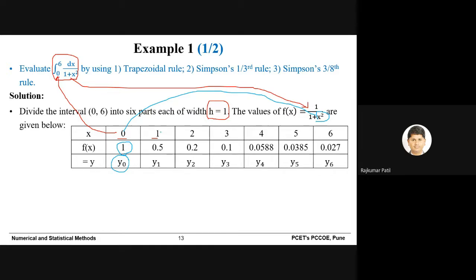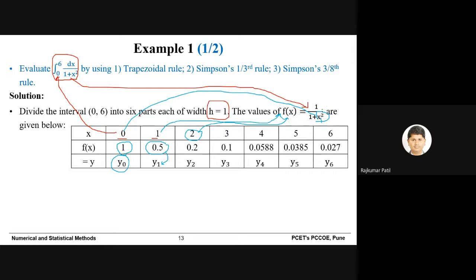Then what we will do? We will put x equal to 1 in the function. So the equation will become 1 upon 1 plus 1 square, that is 1 upon 2, and the answer will be 0.5, and it will be called y1. Then we will put x equal to 2 in this equation.